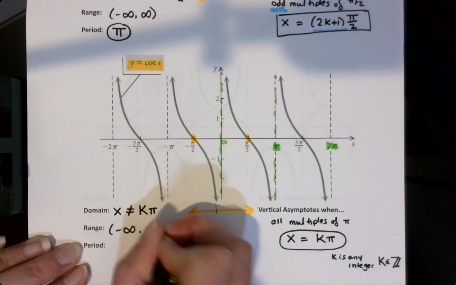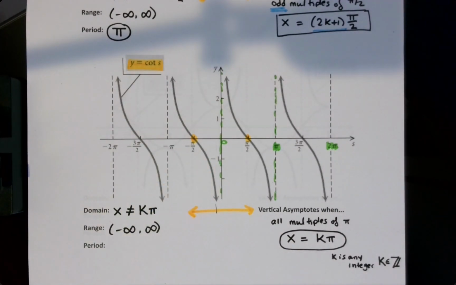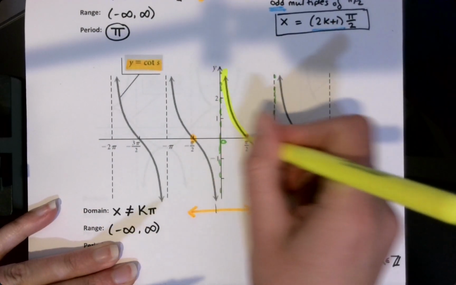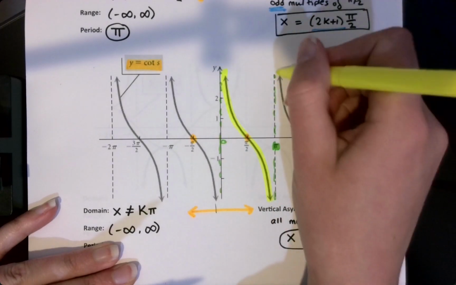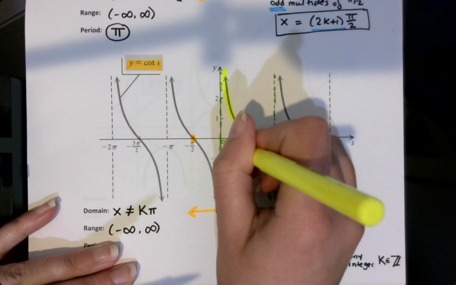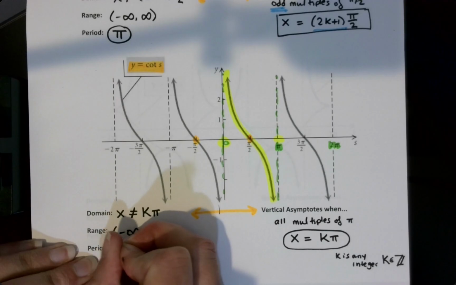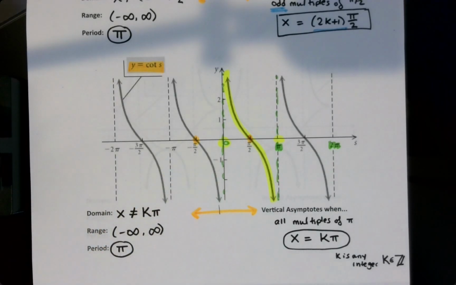So we're going to have all real numbers for the range. And the period, once again, we have everything happening within one set of asymptotes, and then it repeats. So it's going to be from 0 to pi for the period. So the period is pi, same thing that it was in the case of tangent above.